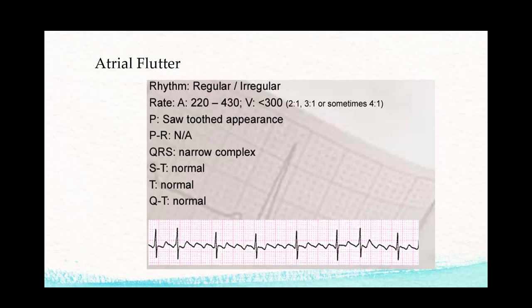So atrial flutter can be super fast, and we may have to slow the rhythm down by giving them adenosine to stop conduction through the AV node, so we can actually see what type of rhythm we're dealing with. So atrial flutter and atrial fib both can be like that. But our QRS will be normal in atrial flutter.